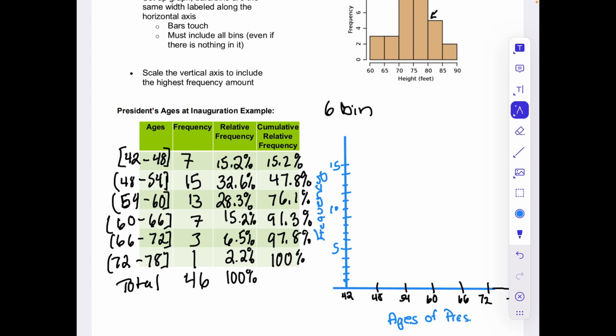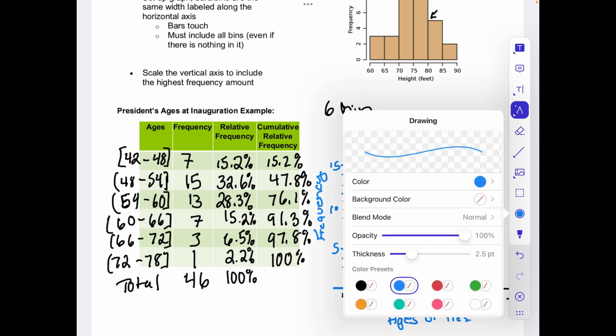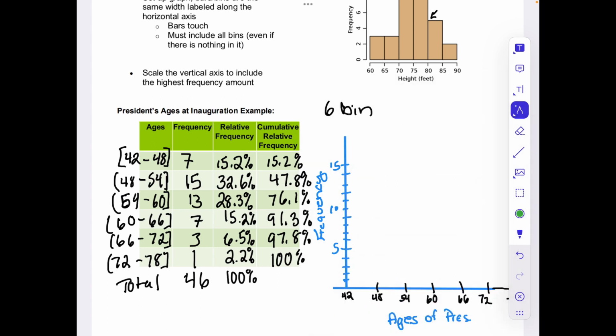All right, last but not least, let's build our bars. So this time the bars need to be the whole width of the bin. So when I do that 7, I'm actually going to go from end to end. So my bar goes end to end. And then 15. Sometimes I like to do the 2 sides and then I'll connect the top. 13, 11, 12, 13.